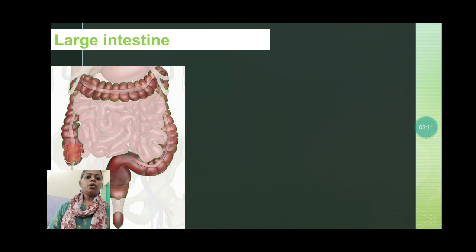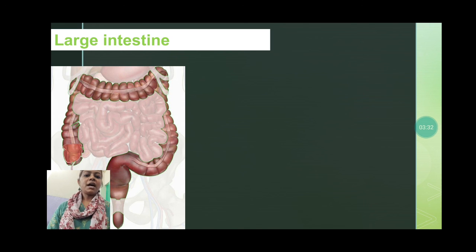Next we are going to discuss absorption in the large intestine. Whenever we talk about the large intestine, keep in mind that all the undigested food only passes by the small intestine. After the nutrients are absorbed by the wall of the small intestine, all the undigested or waste materials are passed to the large intestine.